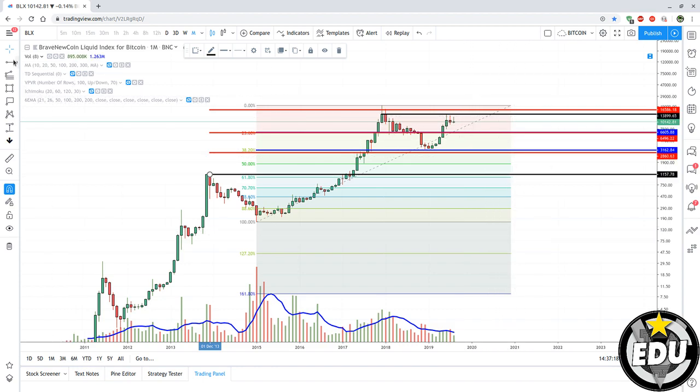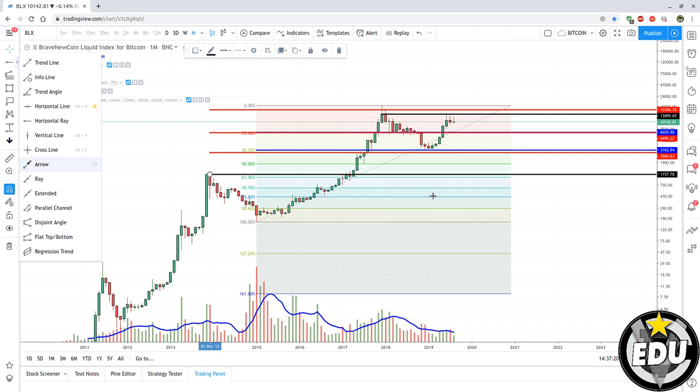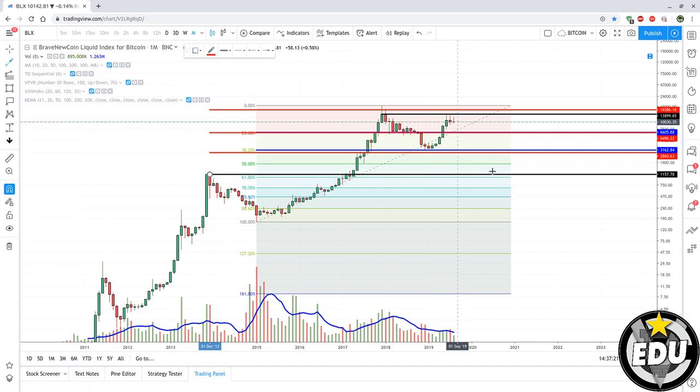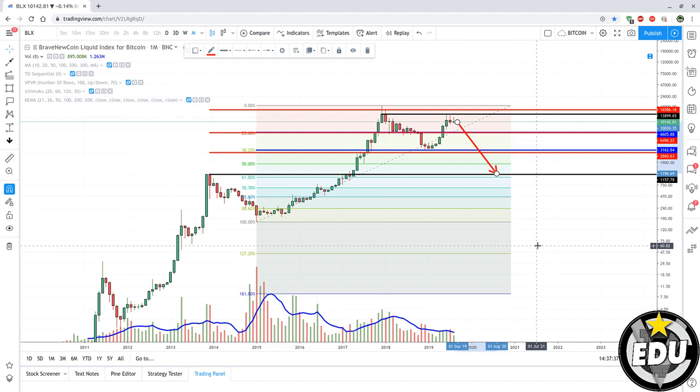And this scenario is possible if something bad happens to Bitcoin, like the ETF getting denied from the USA. It's for sure a scenario that I will keep an eye on.